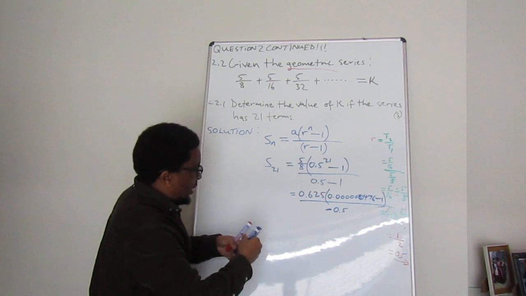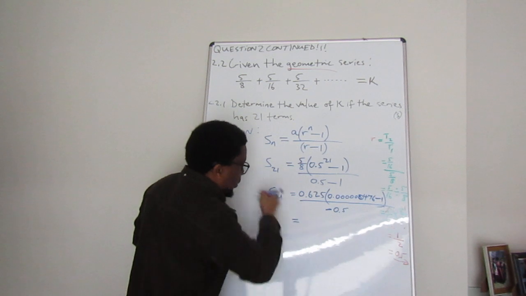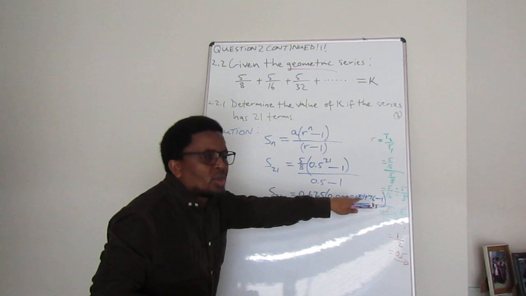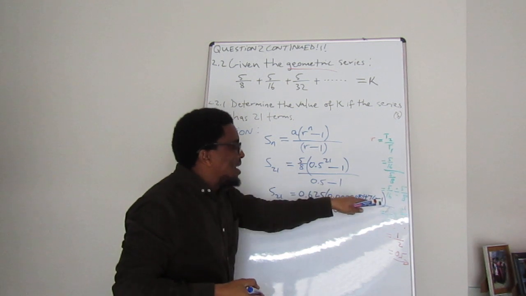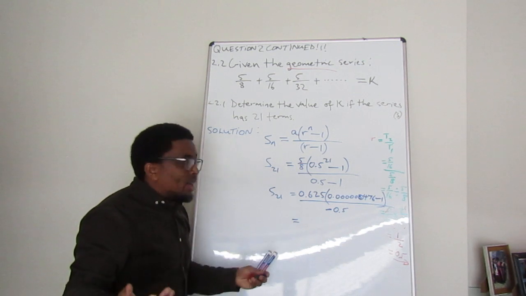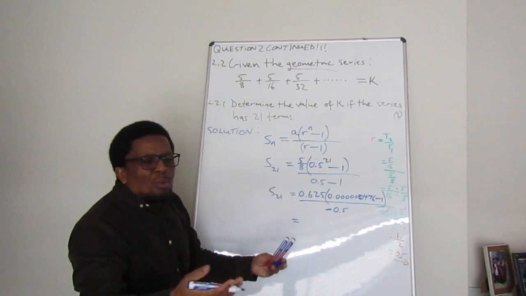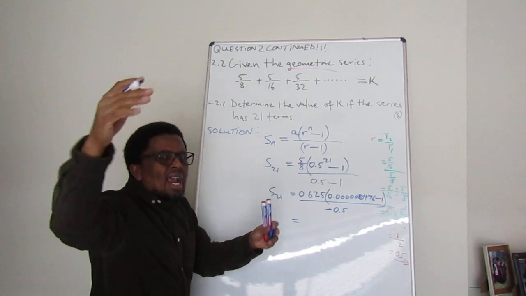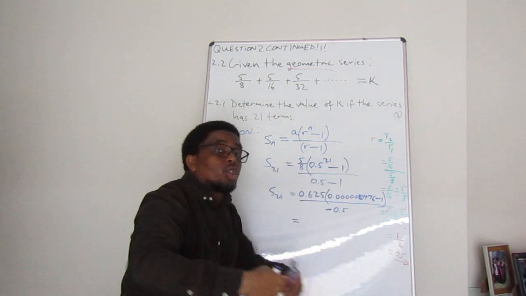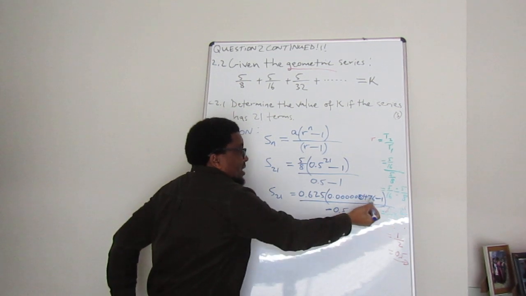Now, S21 is equal to this. Can you see this is 0.0000, so many zeros. So that number tends to 0, it's approximately 0 in truth. So approximately 0 minus 1, you get about 0.9999999, whatever, which tends towards 1, but with a negative, because this number is smaller.